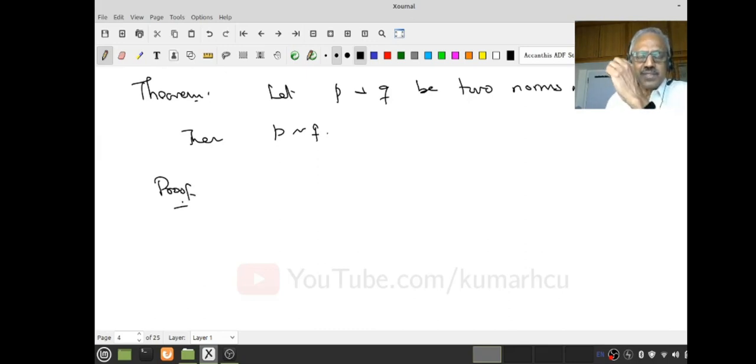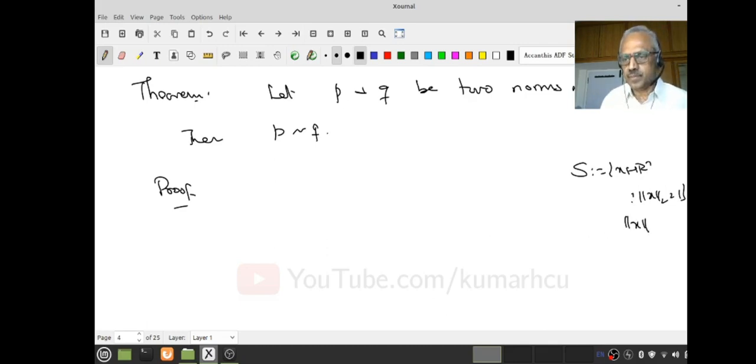The basic idea of the proof, as I said, involves the compactness of the sphere: the set of all x in Rn with the so-called Euclidean norm equal to 1. Compactness of this is the basic trick.